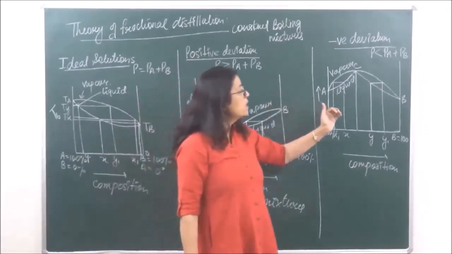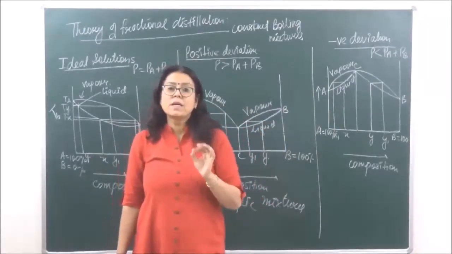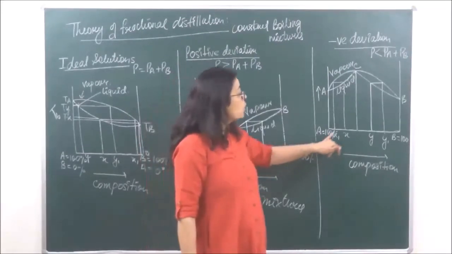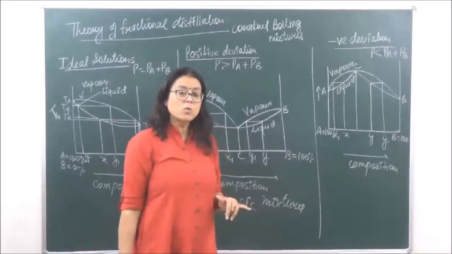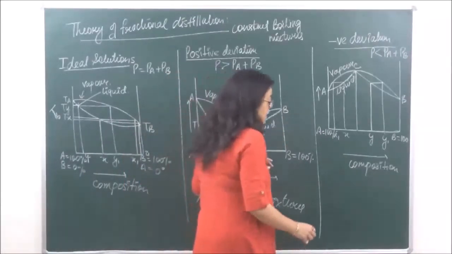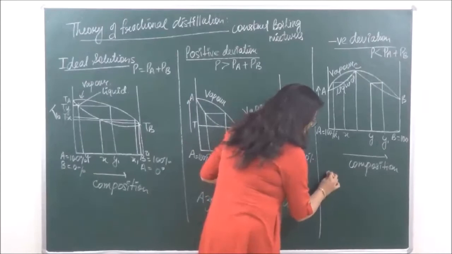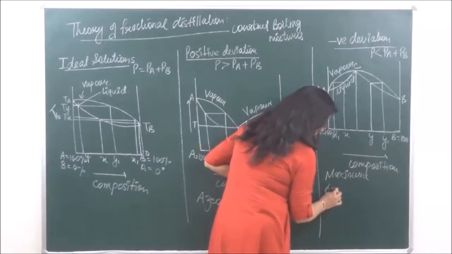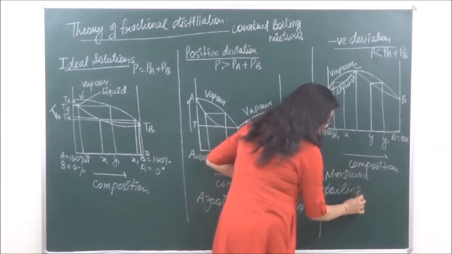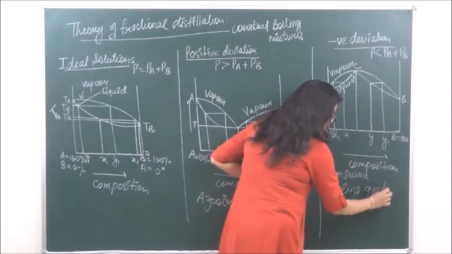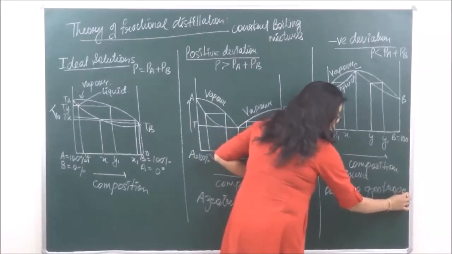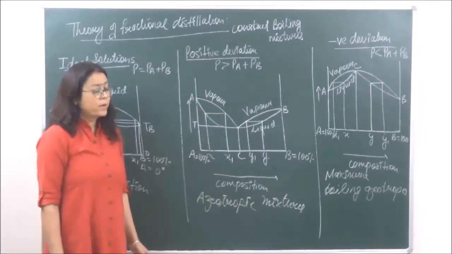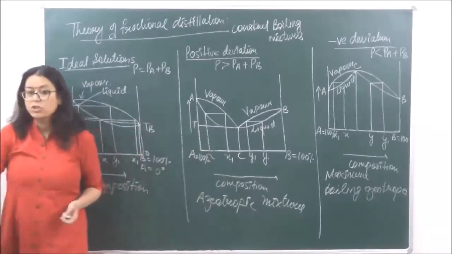So over here also we can point out that at this particular temperature we cannot distill A and B purely, and because we are having a maxima over here, these types of solutions are known as maximum boiling azeotropes.